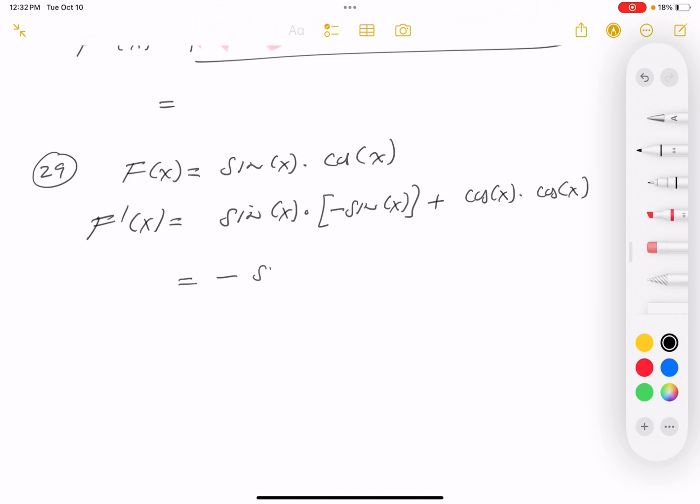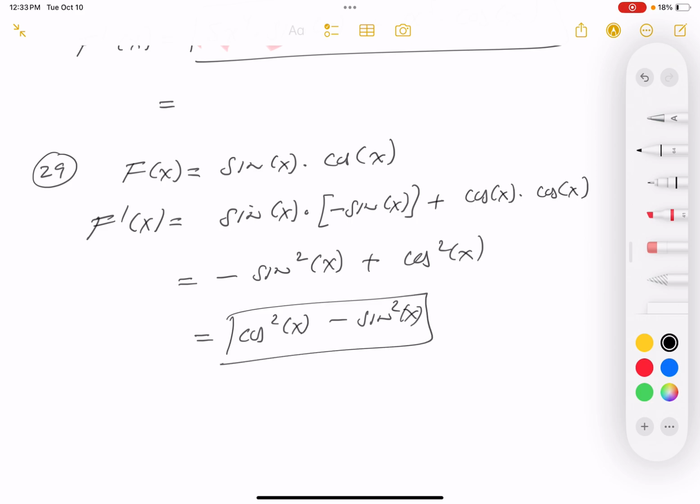What do you get here? Minus sine squared x plus cosine squared x. I want to write that a little differently. It's cosine squared x minus sine squared x. Little box on it. Again, I do recommend looking at the key, by the way, and I do see that.